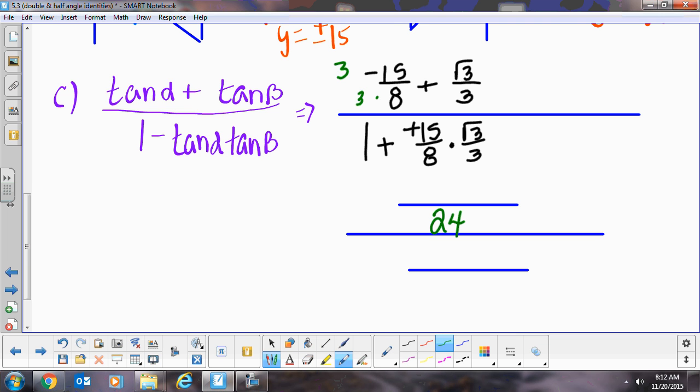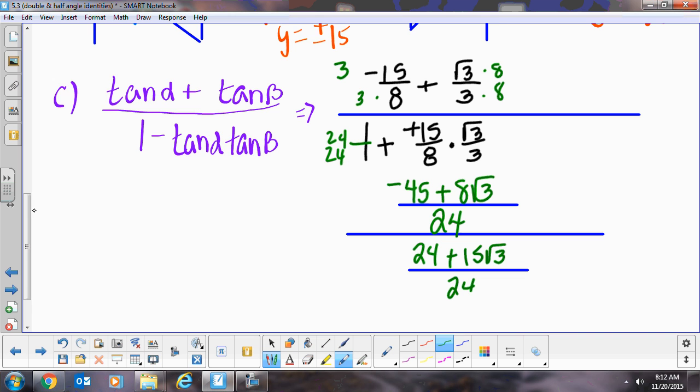And what is 3 times -15? -45. What did you multiply 3 by? 8. So you can have 8 square root of 3. Now, this is 1 over 1. What is 8 times 3? So what do I multiply this by to get denominator 24? So I'm going to have 24 plus 15 square root of 3.